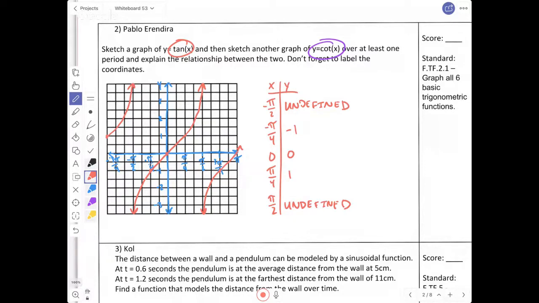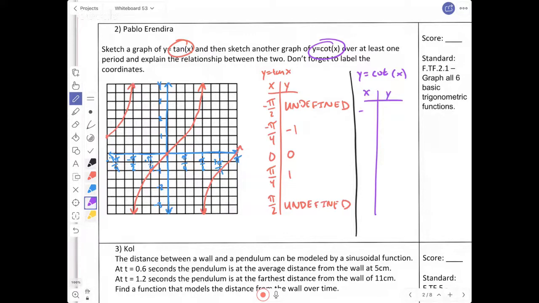Then my cotangent curve. So this is for y equals tan x. Now, let's check out y equals cotangent of x. So x, y, negative pi over 2, negative pi over 4, 0, pi over 4, pi over 2, same values.